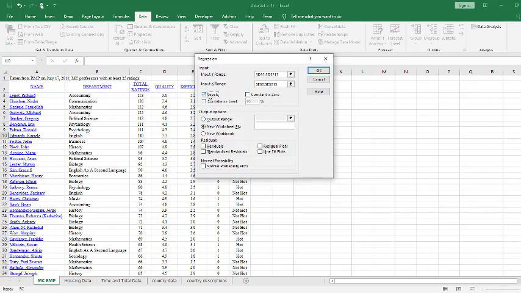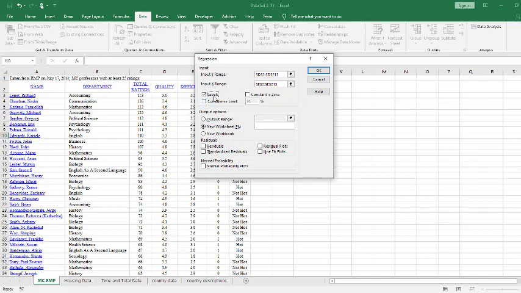Now we're going to hit labels in first row. This option tells Excel that the first row of our data is a label, and therefore not something we should consider an observation. Make sure that you hit that button and make sure that you've included labels in your ranges.